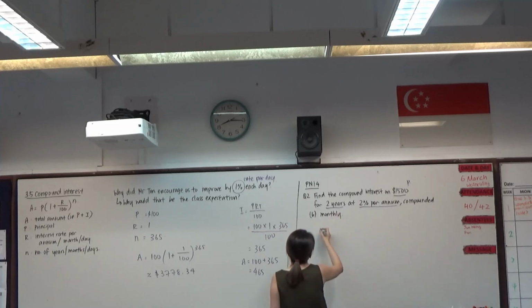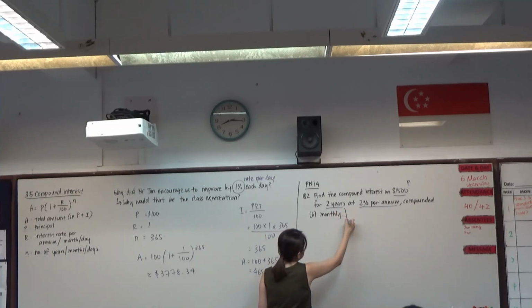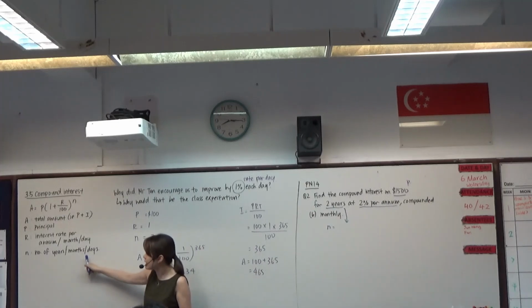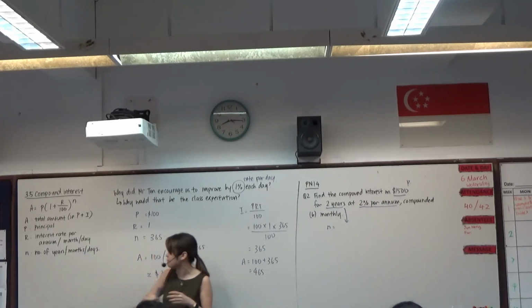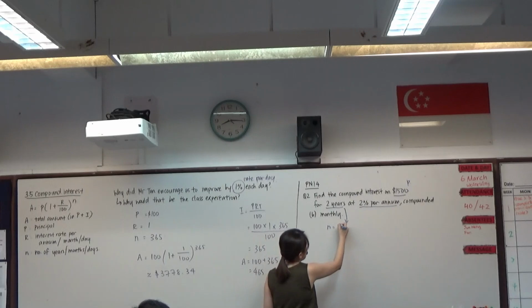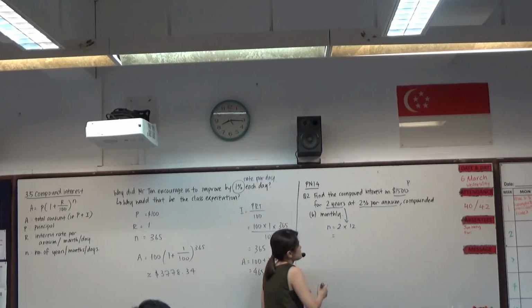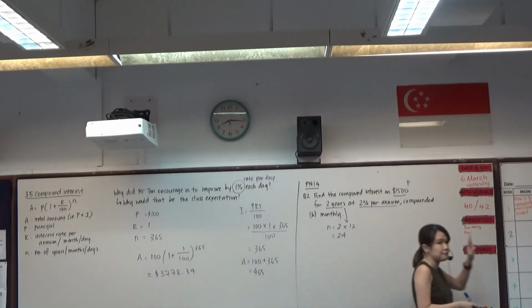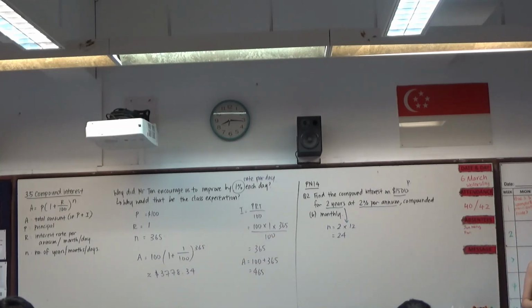So in this case, it will be different from how we calculate based on compounding yearly, like what we saw yesterday. Because it is 2 years here, our N, we are looking at compounding monthly, so our number of months is what we're going to be looking at. So 2 years times 12, N will have to be equal to 24. The rate over here, 2%, is 2% per annum.